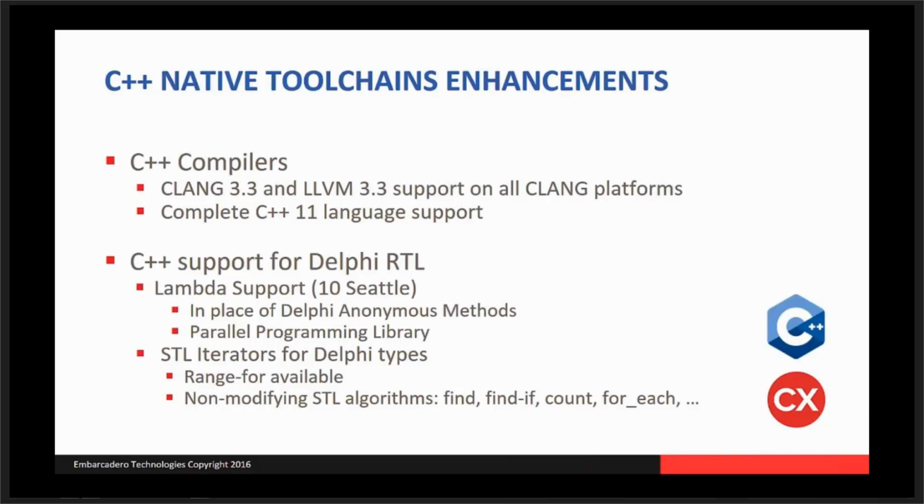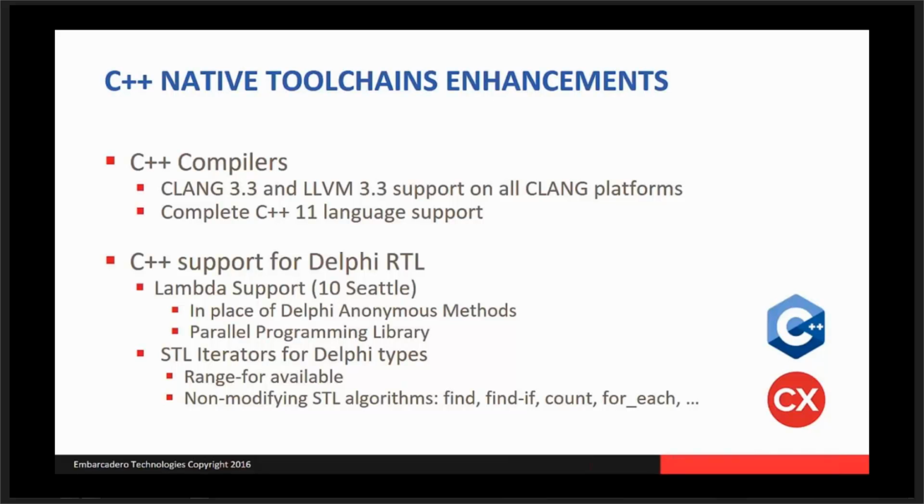On the C++ side, we have a few native enhancements with the toolchain. We've upgraded all compilers that are based on LLVM to CLang and LLVM 3.3. That means the same level of C++ 11 language support throughout the platforms. That's quite significant.